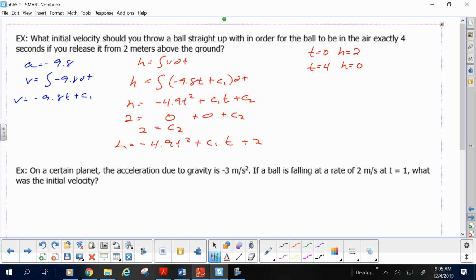Then how do we find C1? Plug in. At time 4, the height is 0. So C1 is, sorry, let me zoom out for a second. Something ugly.